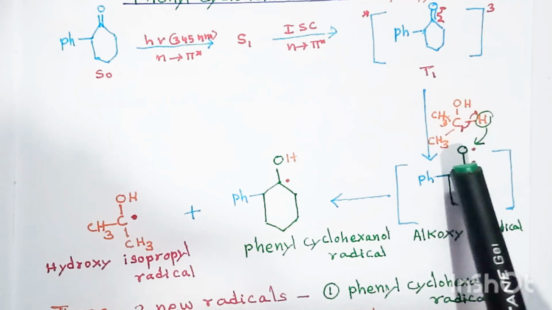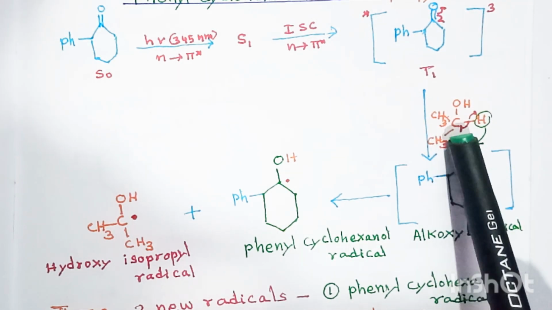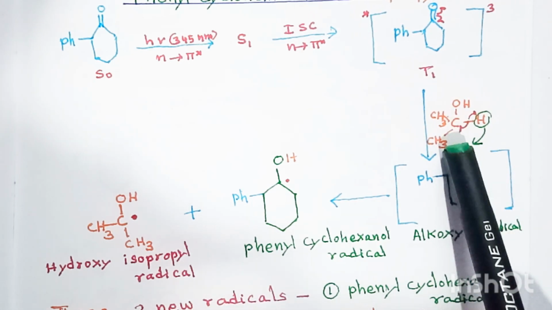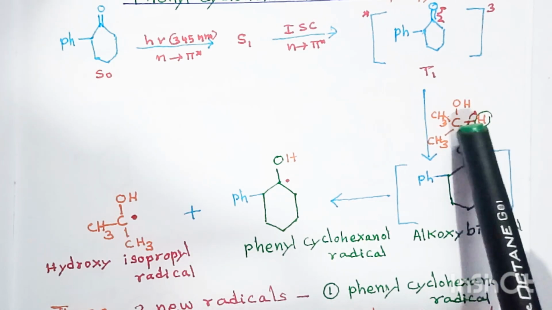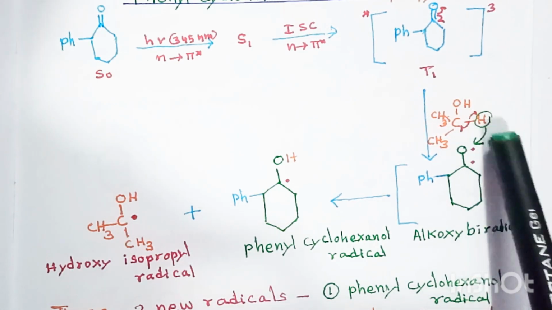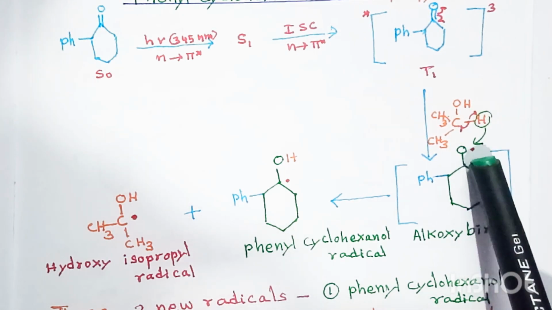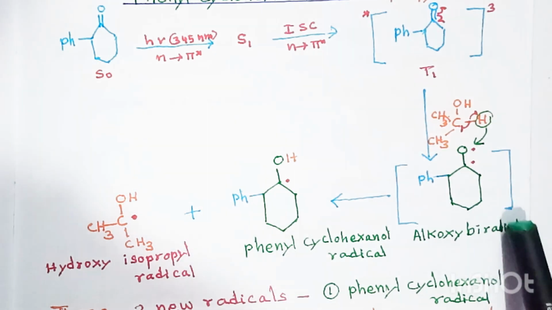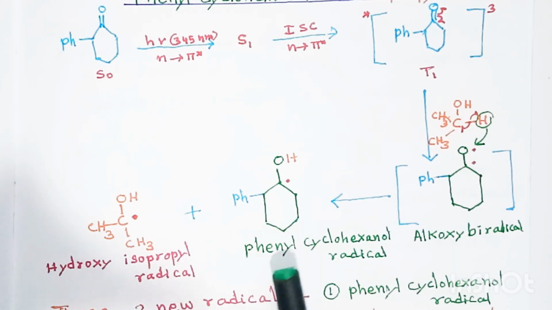In the meanwhile, the isopropyl alcohol, that is CH3CHOHCH3, the bond between carbon and hydrogen cleaves homolytically. This hydrogen atom is abstracted by the oxygen atom of the alkoxy radical, as a result of which we get two new radicals.